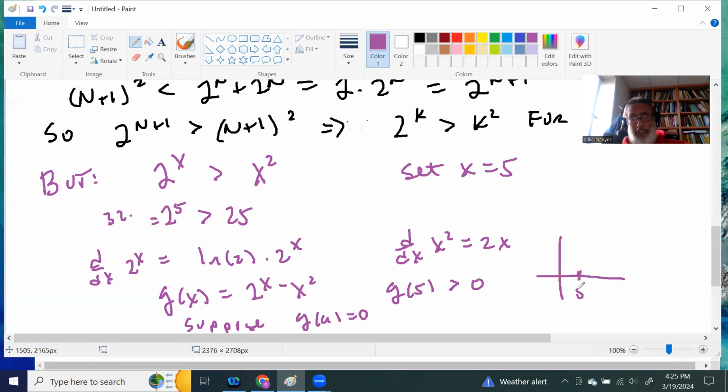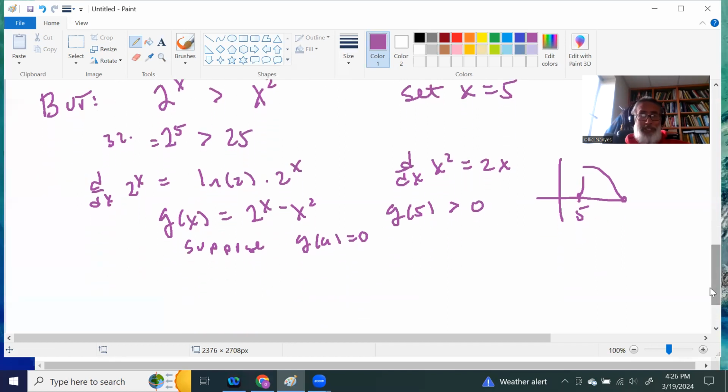So we start at 5 here. Here's your function g. Now suppose it happened to equal 0. Then the mean value theorem implies that g prime of some c has to be negative.